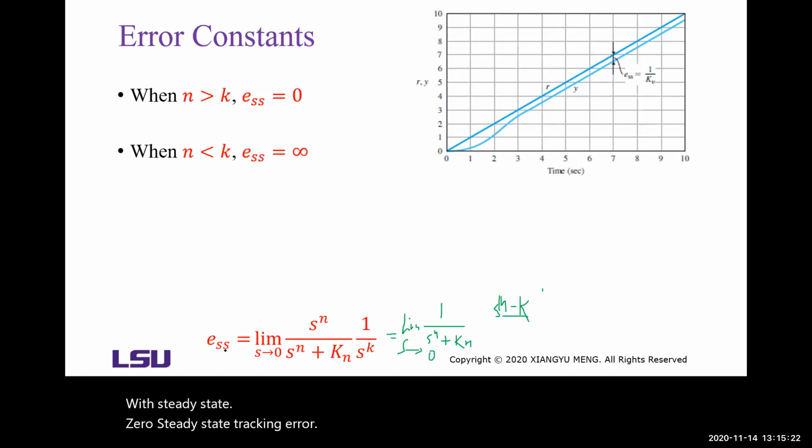Then if n is less than k, it means a system type n cannot track any reference input when the order of the polynomial is greater than the type of the system.